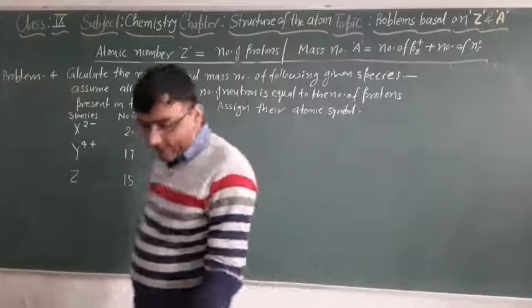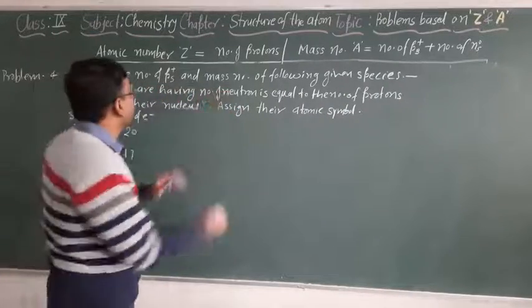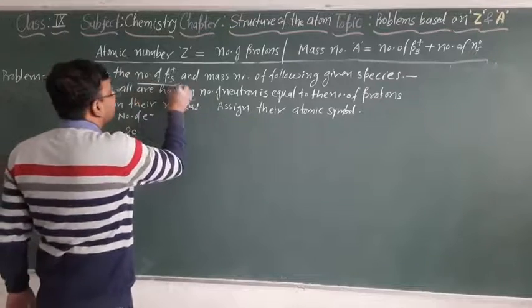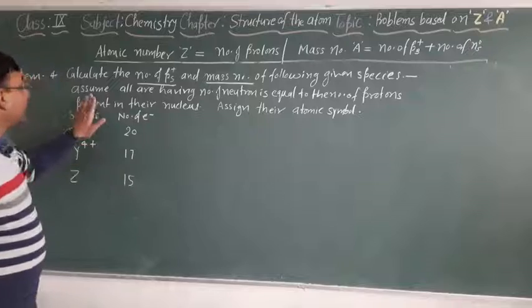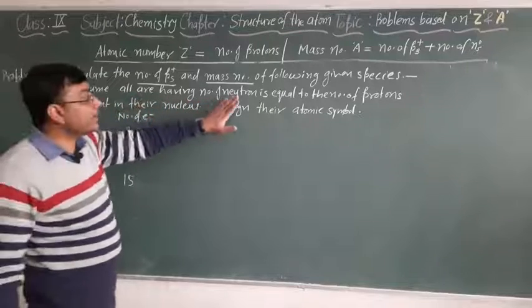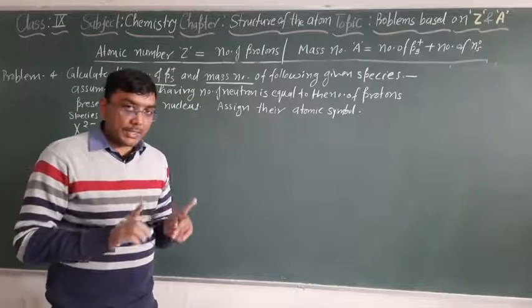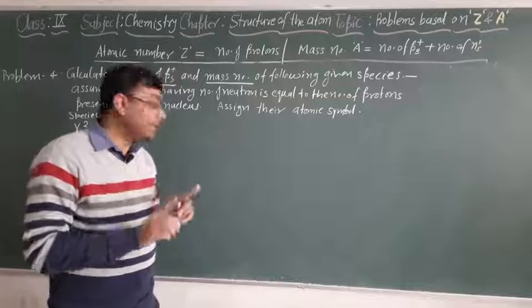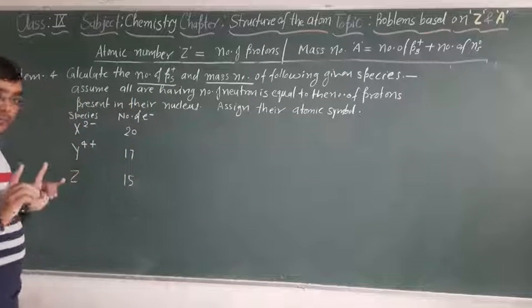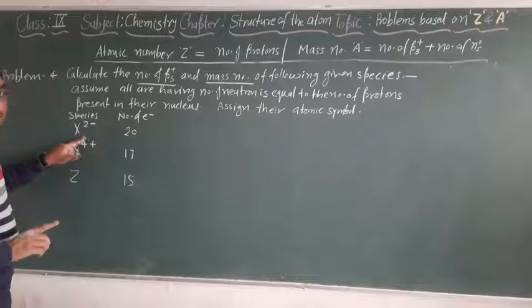Now here we have another question. Calculate the number of protons and mass number of the following given species. Assume all are having number of neutrons equal to the number of protons. Means number of protons and number of neutrons both are the same in each and every species.